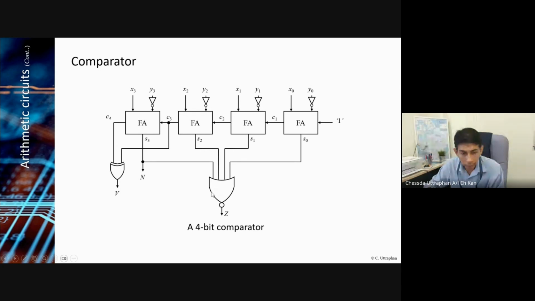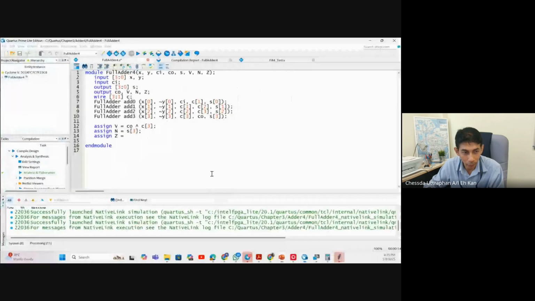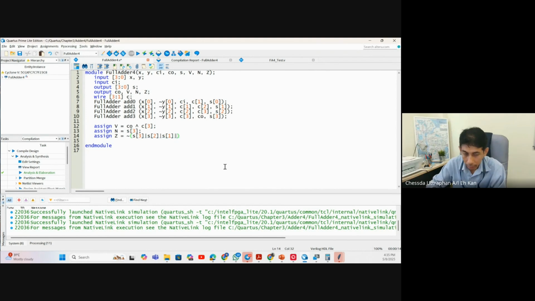This is a NOR gate, right? What we can do is: not S3 or S2 or S1 or S0, right?